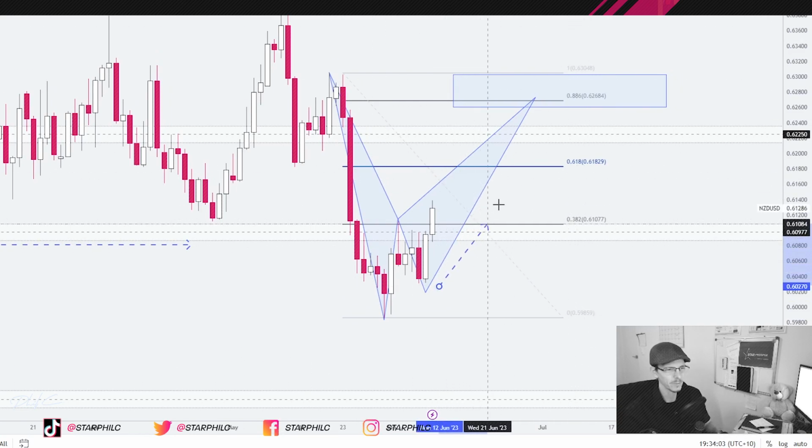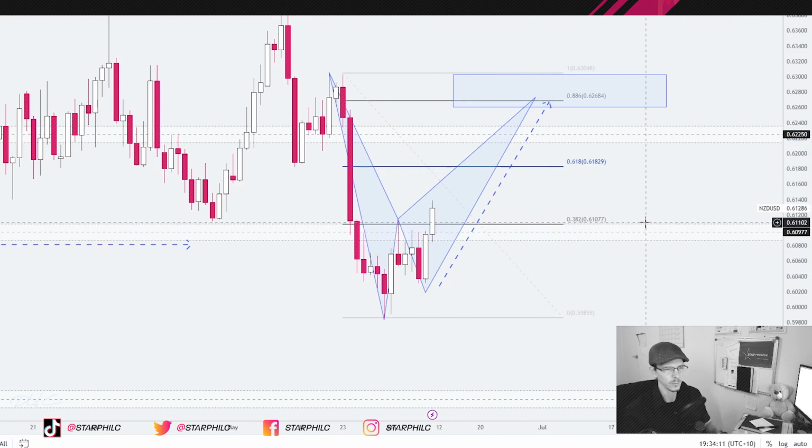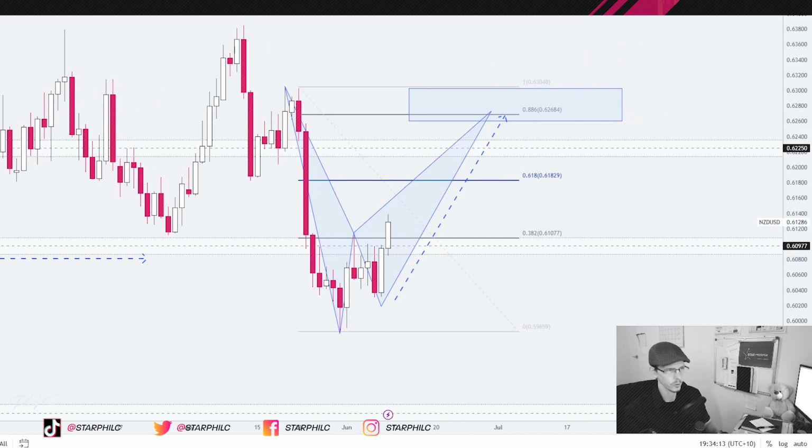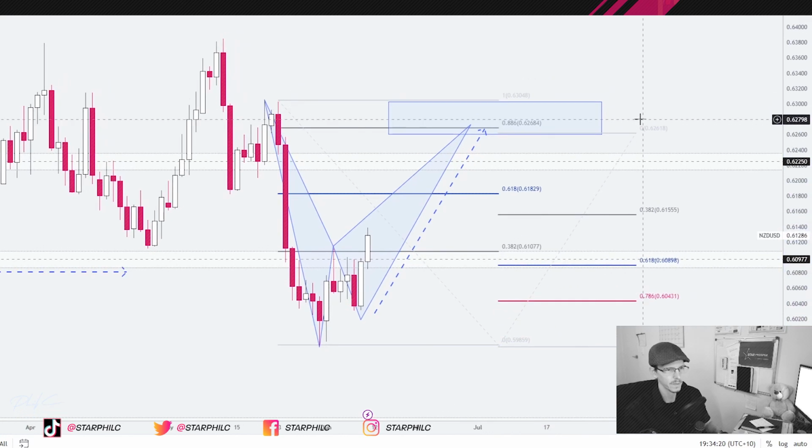So now we may get a move all the way up into our 886, giving us a CD completion. If that's true, then we have another Fibonacci retracement, swing low to swing high. Okay. We would have entries right at the 886, or just before, excuse me.